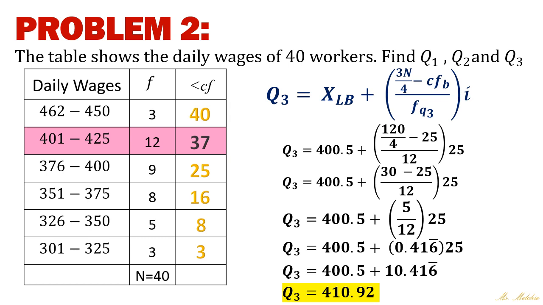Don't you ever forget, guys, that you are supposed to round off only at your final answer. So make use of your calculator so that you can simultaneously calculate or apply the PEMDAS in our formula. So we have 410.92.